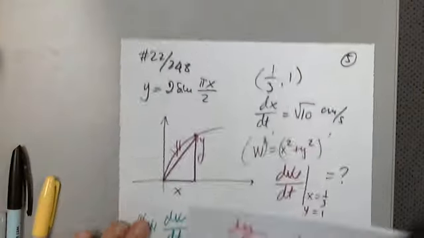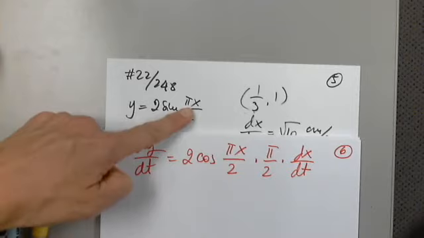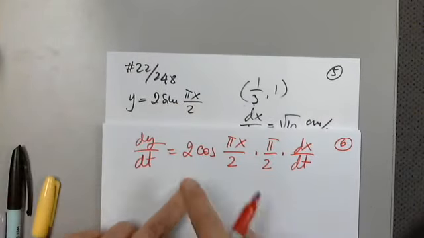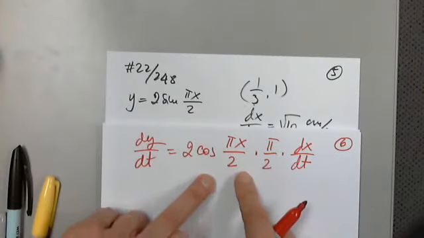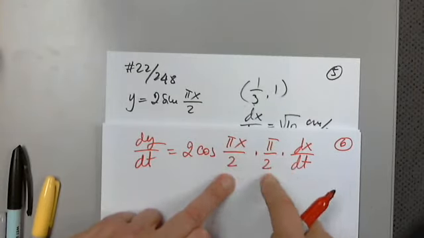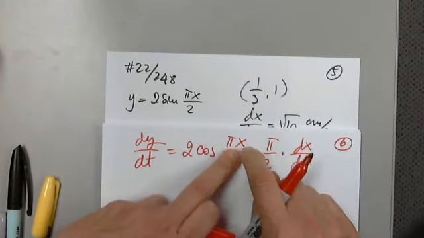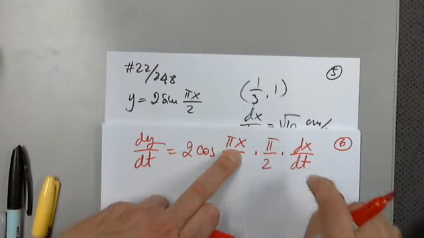So y is 2 sine pi over 2 times x. So 2 cosine pi x over 2 times the inner function prime, which is pi over 2, times the derivative of x, dx over dt.